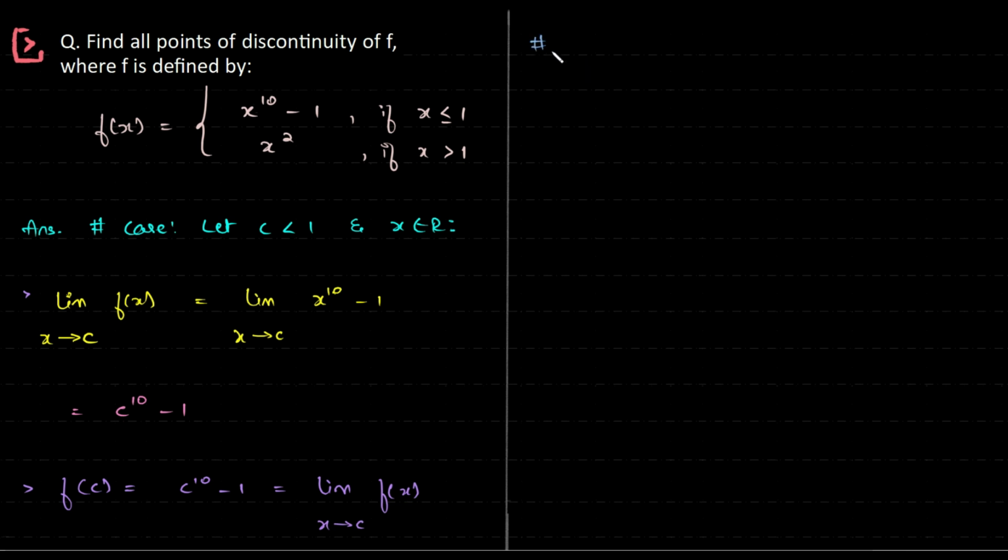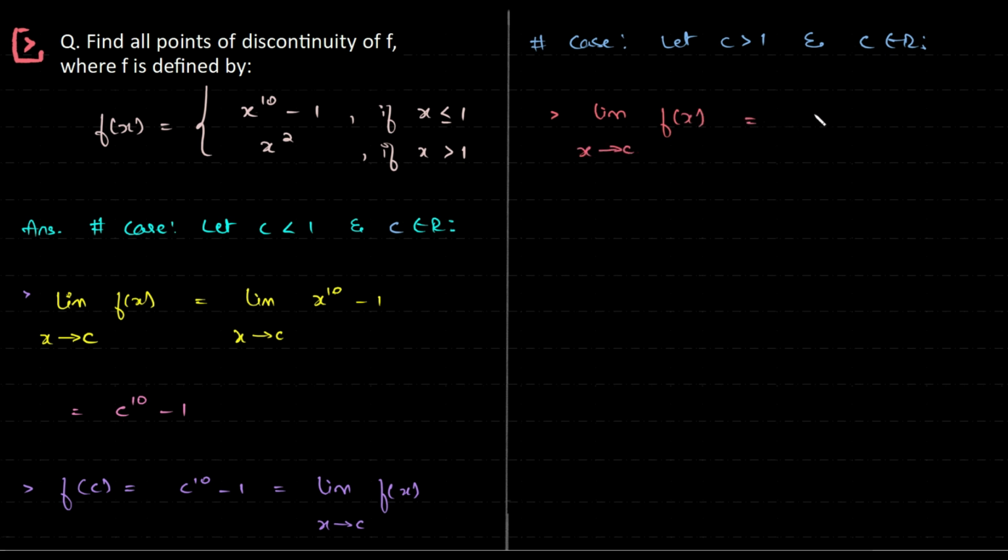Now the next case would be: let c be greater than 1 and c belong to R. Here we have the expression limit f of x as x tends towards c.